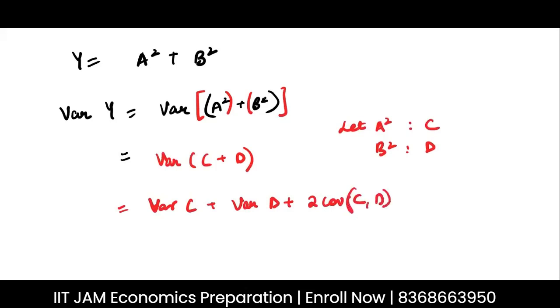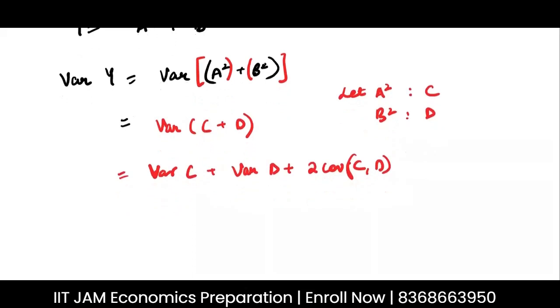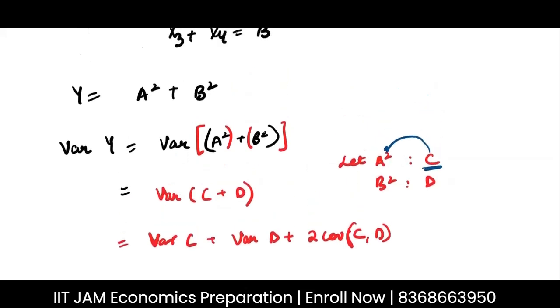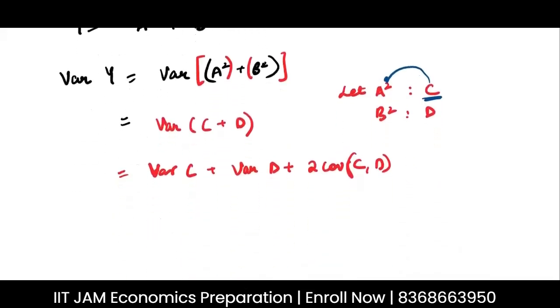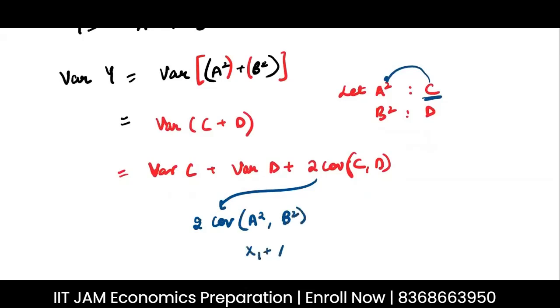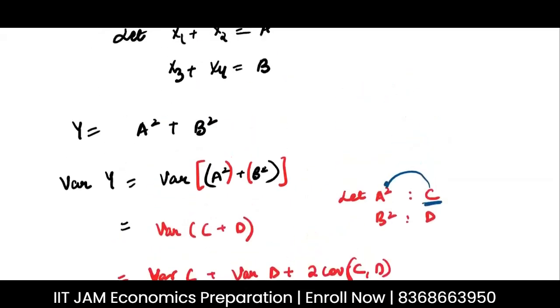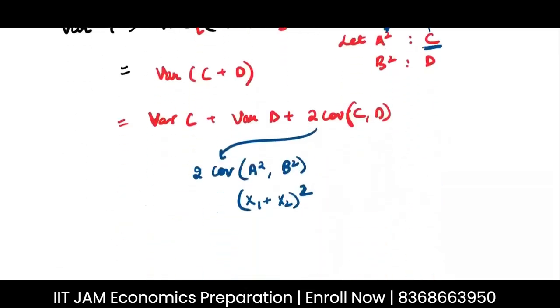Is this fine? Now just think for a second. What was C? C was A square. What was A square? A square was X1 plus X2 whole square. So I'm just trying to expand this covariance of A square, B square. A square was X1 plus X2 whole square, comma X3 plus X4 whole square.